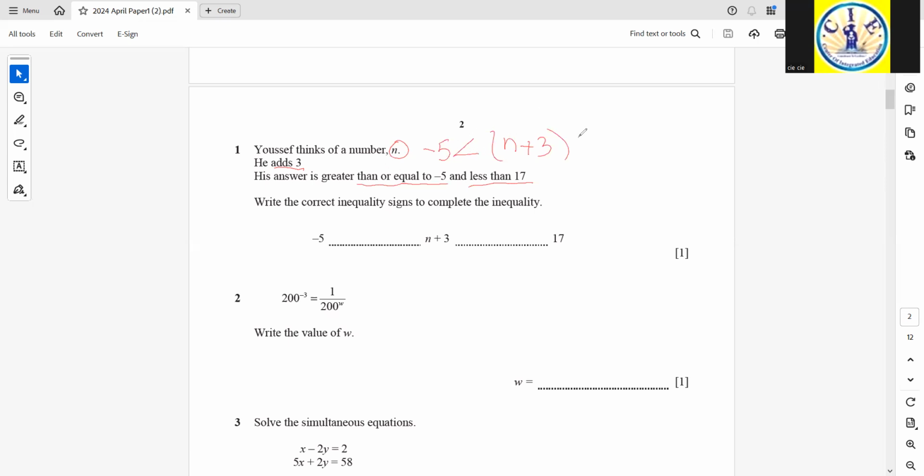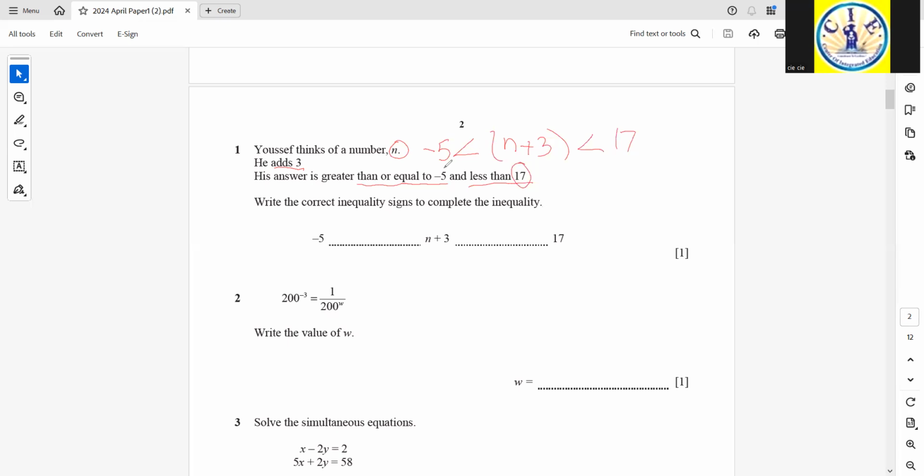Because n plus 3 is greater than or equal to negative 5, when we compare, that negative 5 will be lesser than n plus 3, and then this is less than 17.